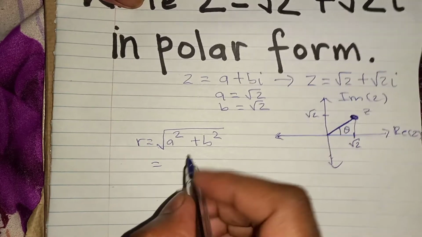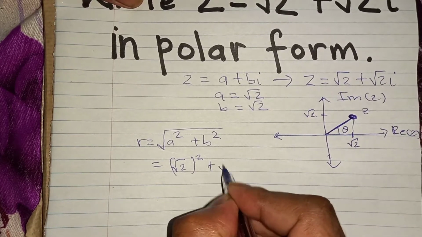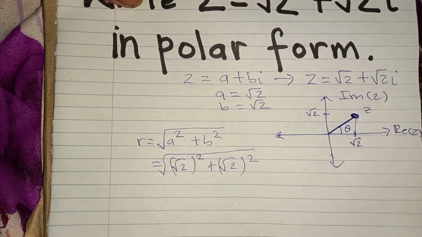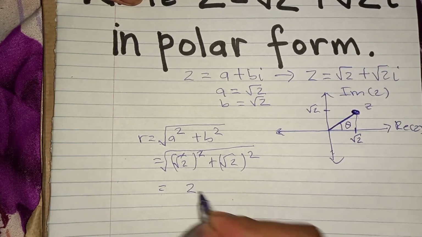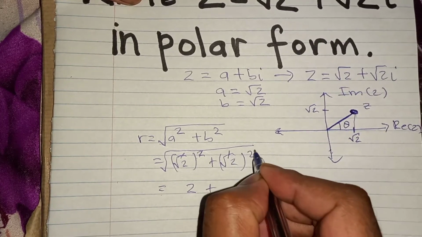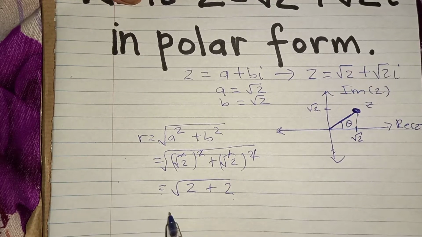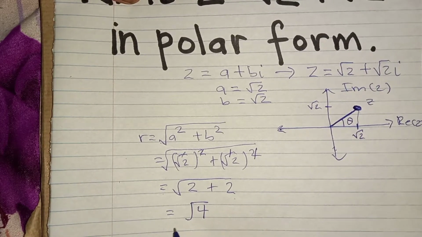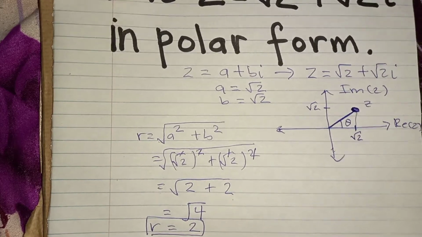So r is the square root of root 2 squared plus root 2 squared. You cancel the root with the square, you get 2 plus 2, which is 4, and root of 4 is 2. So our value of r is 2.